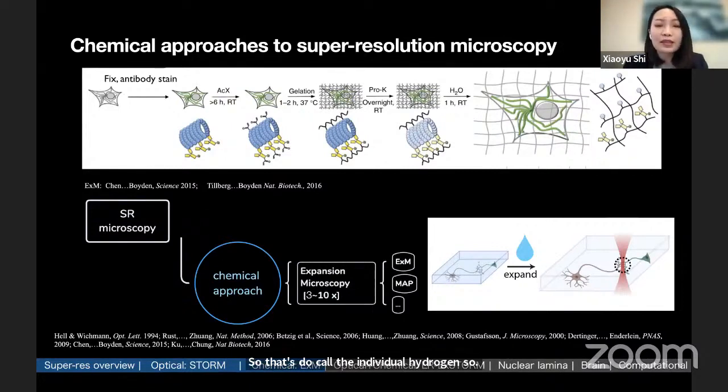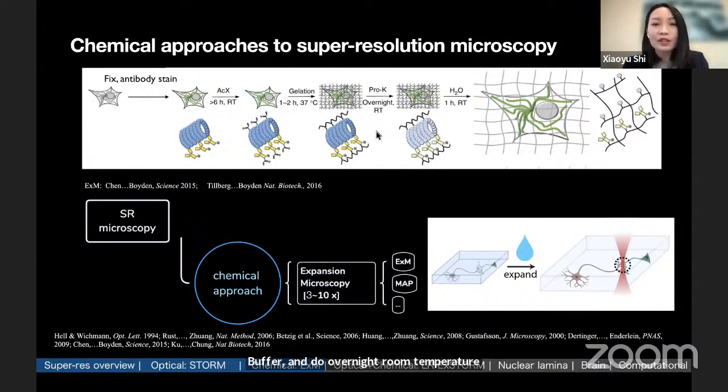Theoretically, most of your proteins, and if you are interested in RNA and DNA, you can also cross-link the RNA and DNA onto the hydrogel. And then there is a critical step, proteinase K digestion. After the gel is formed, you incubate the gel with the cell inside of the gel in proteinase K buffer and do overnight room temperature digestion.